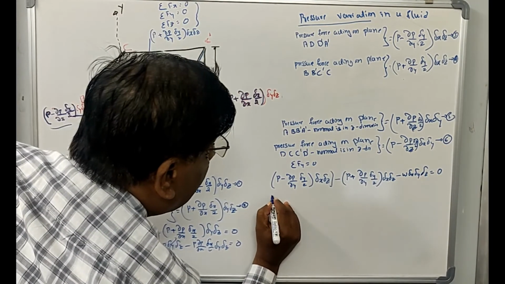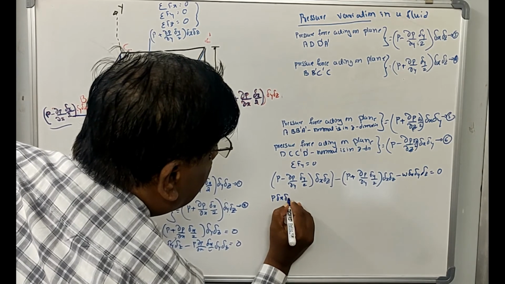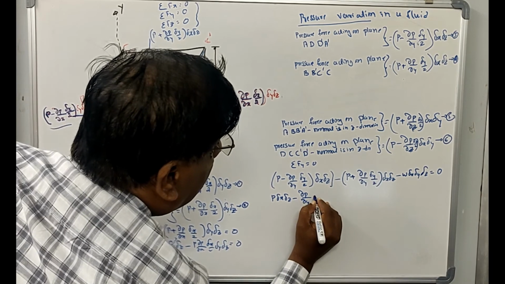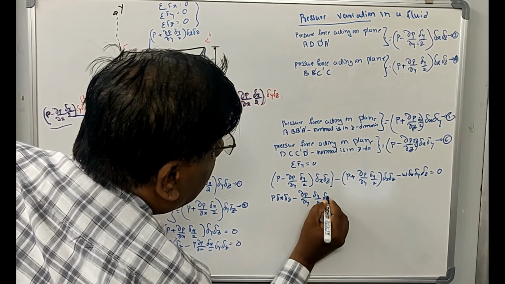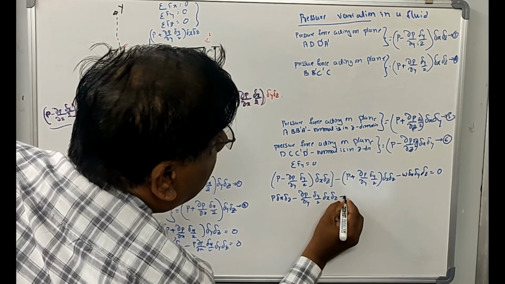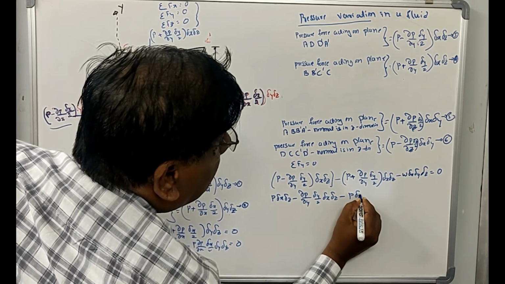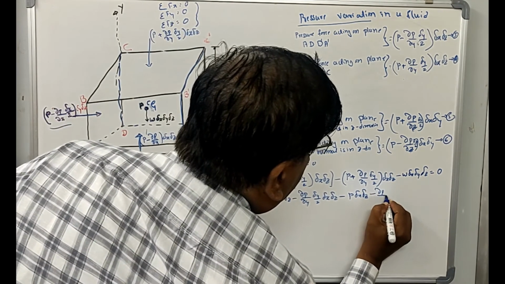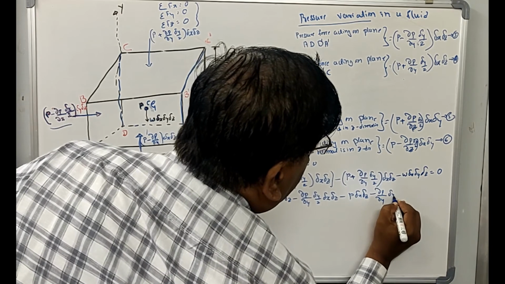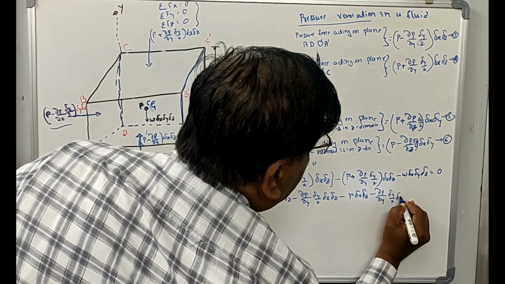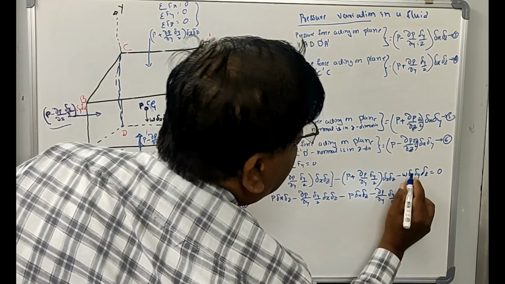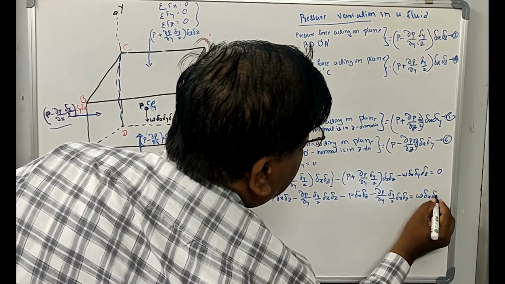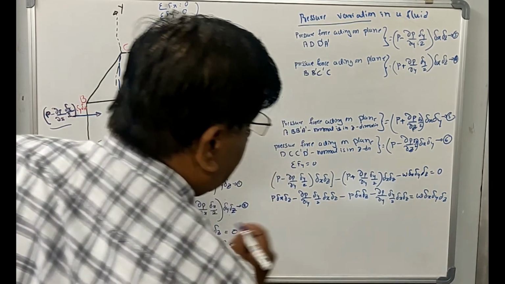Simplifying this, P Δx Δz minus ∂P by ∂y Δy by 2 Δx Δz, minus P Δx Δz minus ∂P by ∂y Δy by 2 Δx Δz. So this is equal to W Δx Δy Δz.